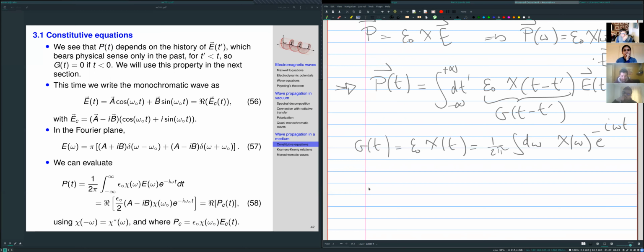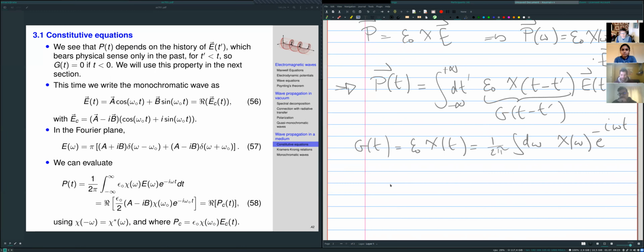Realize that there is a problem here. The way this is written, the polarization at some time t will depend on the whole history of the electric field. So necessarily that's not possible. We cannot have something happen at present that depends on the future configuration. Okay.